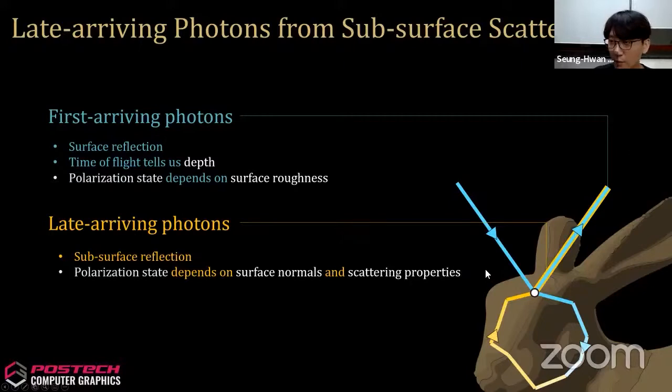You can understand these late arriving photons as a result of light that penetrates the surface of the object, interacts with the molecules inside of this object, and then in the end exits from the surface and is captured by our camera. And what we found out is that the polarization state of these late arriving photons depends on the surface normals and scattering properties of this object.